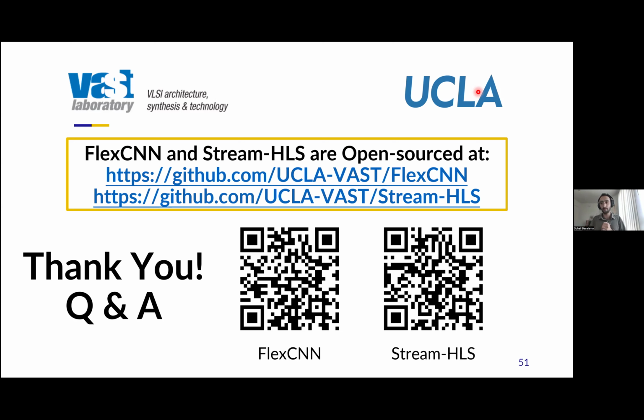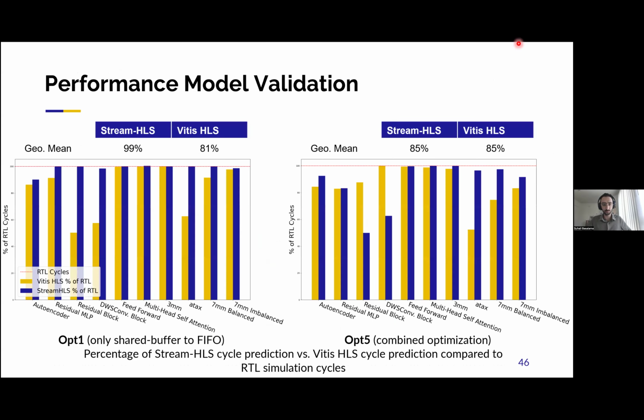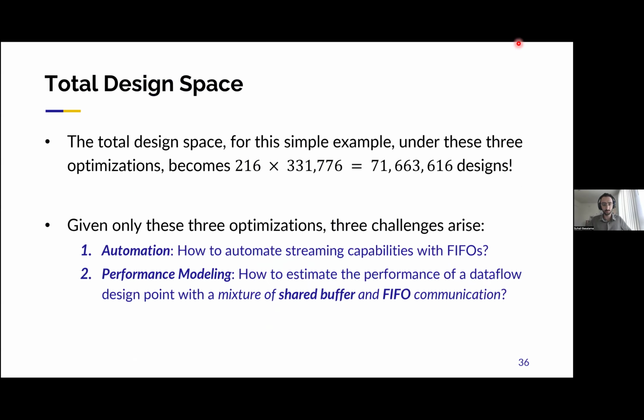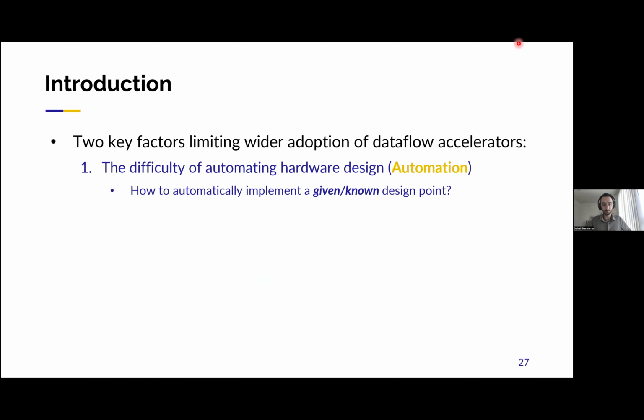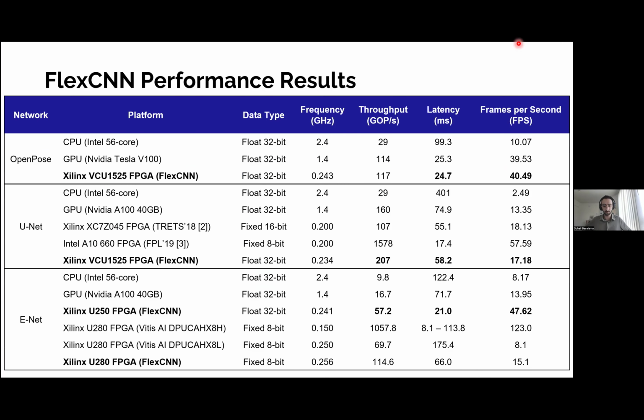So another question is, when you are doing the performance comparison for the FlexCNN, you have done the experiment on both U280 and U250, right? I noticed that there's a network that, can you go to that slide? There's a table about the... yeah, this slide.